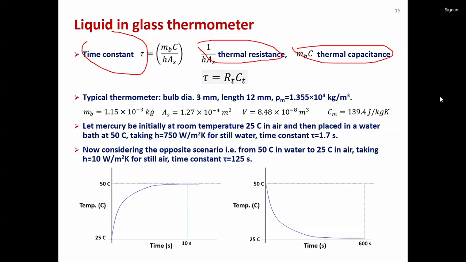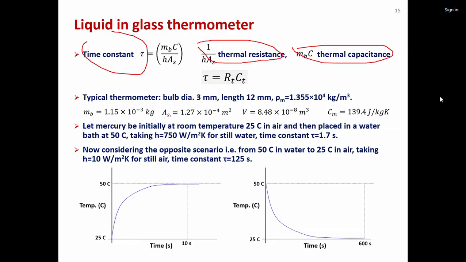So you can find the mass of the bulb, since you know the diameter and the length. The volume is pi d square by 4 times L, and multiplying by the density gives you the mass, which is 1.15 times 10^-3 kg.